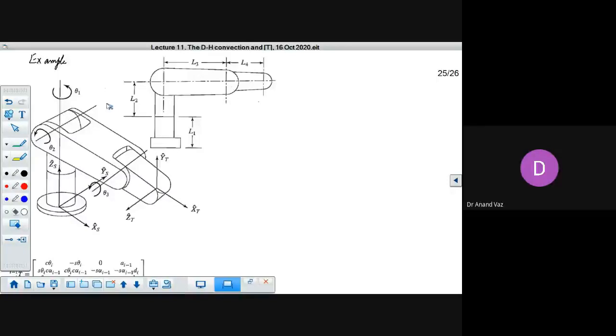And the third is the elbow here, and here also it's a revolute joint. So all these three joints are revolute. The first two axes are mutually perpendicular to each other, but the third one is parallel to the previous one. You could have a tool fixed over here.